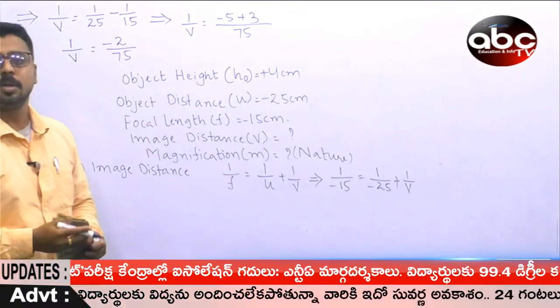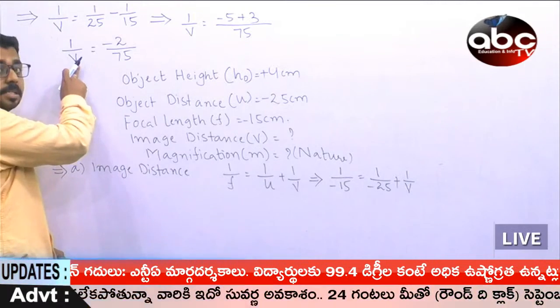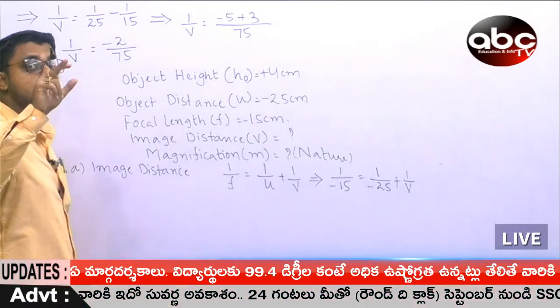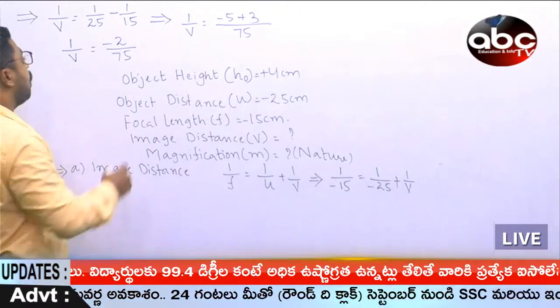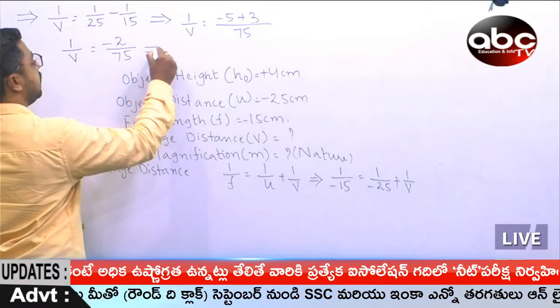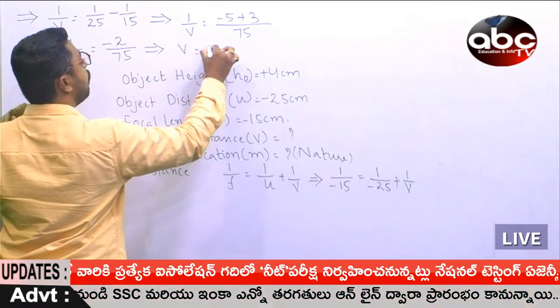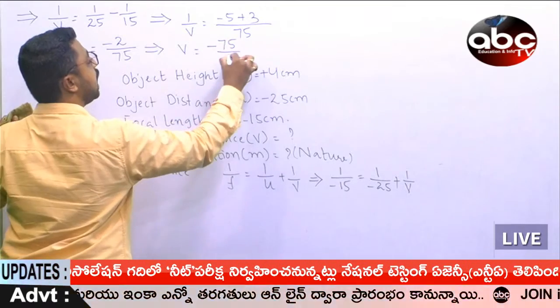At the same time, we need the image distance value, not 1 by v. That is not a reciprocal. So what I am going to do here: v is equal to minus 75 by 2.